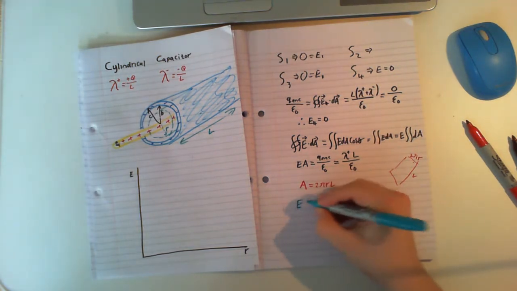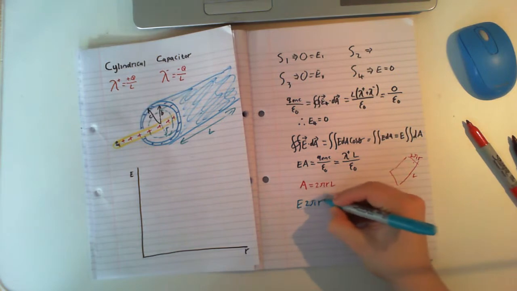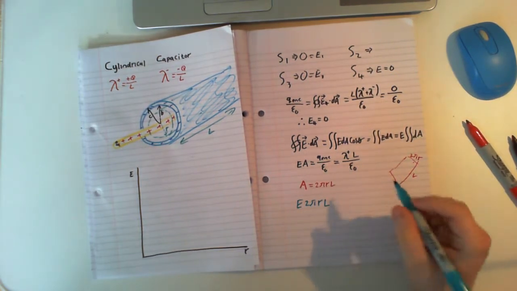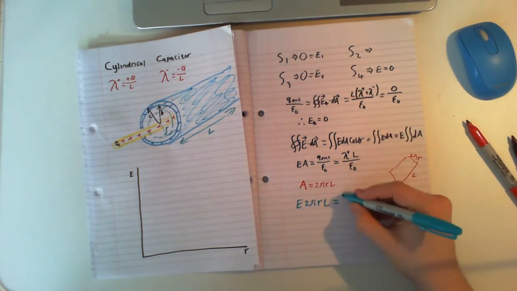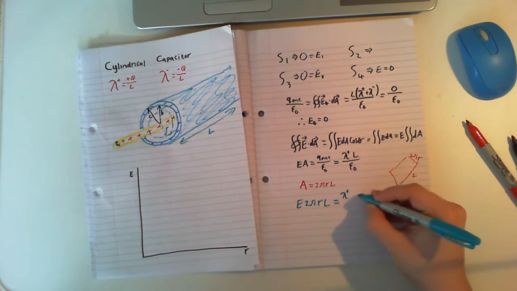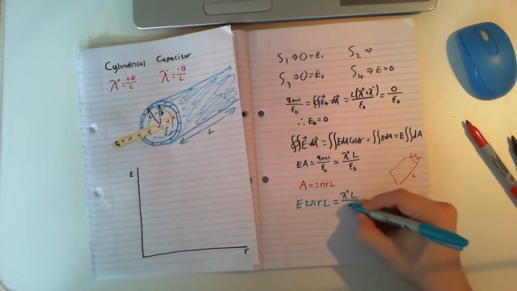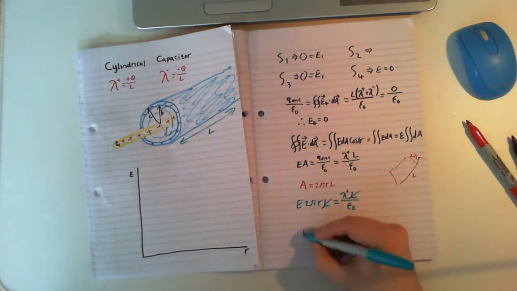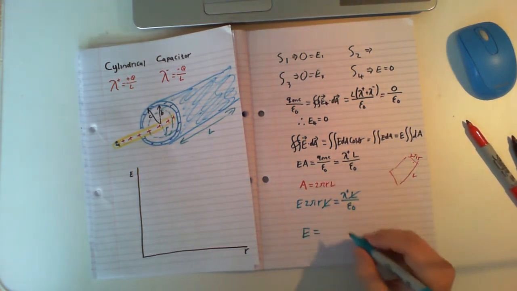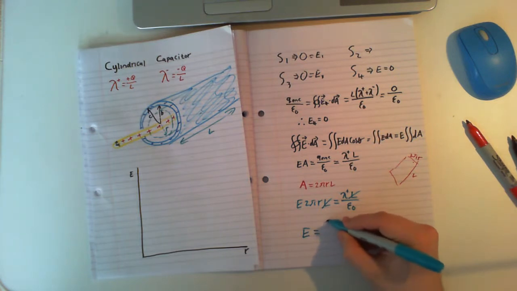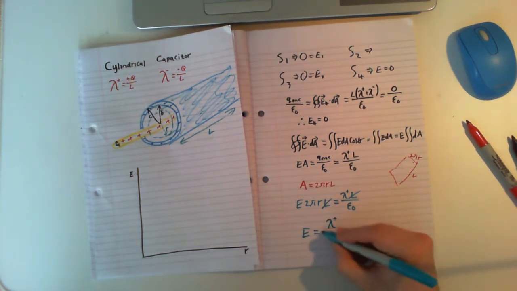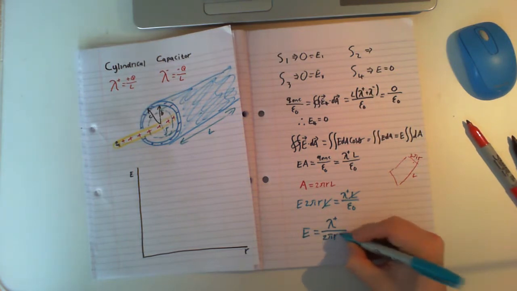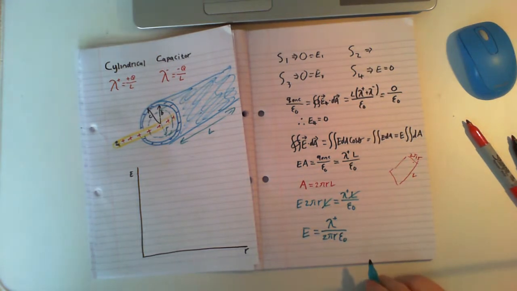which means that we can now rewrite what we have here, and we have E 2 pi r L. I'm sure you can see where this is going now, is equal to our lambda plus L over epsilon naught. Get rid of our L's on both sides, and you find that E is equal to positive lambda over 2 pi r epsilon naught.